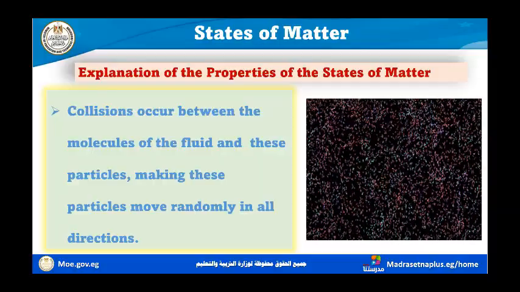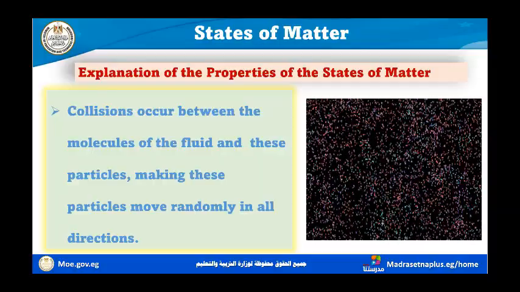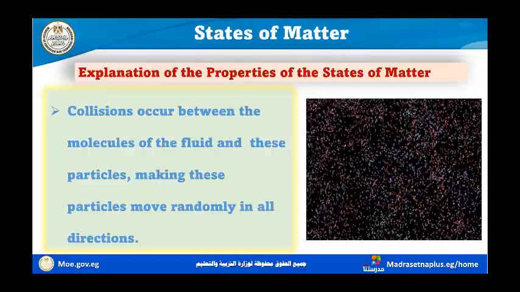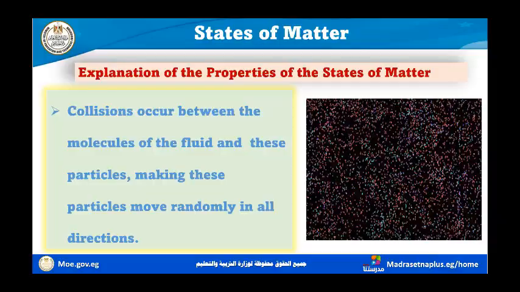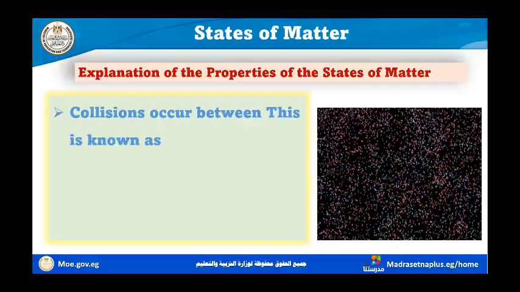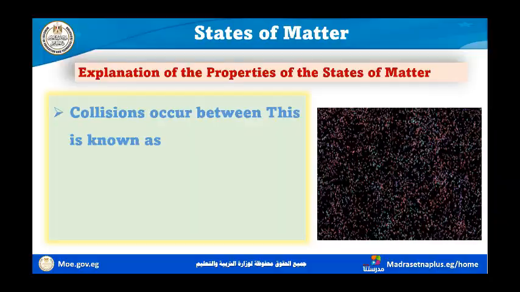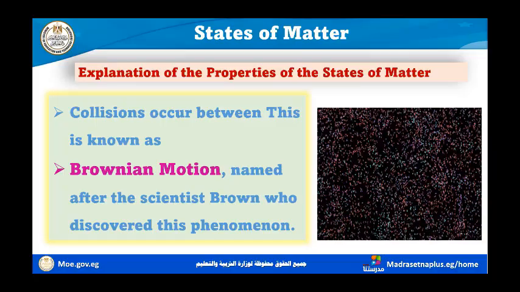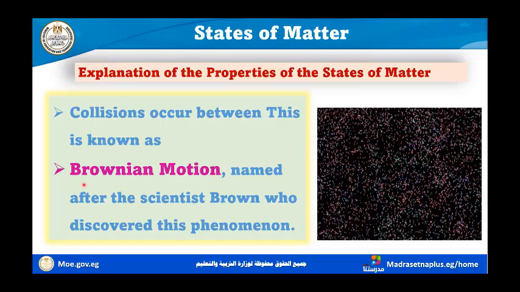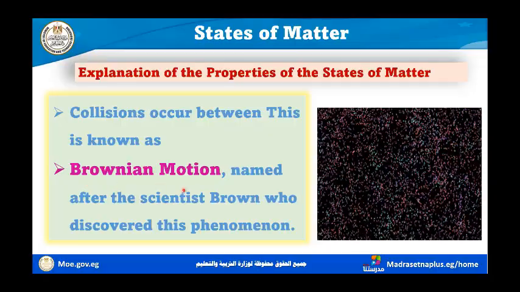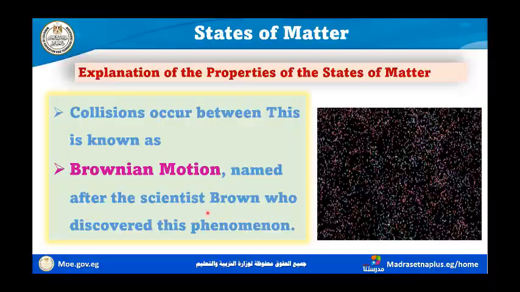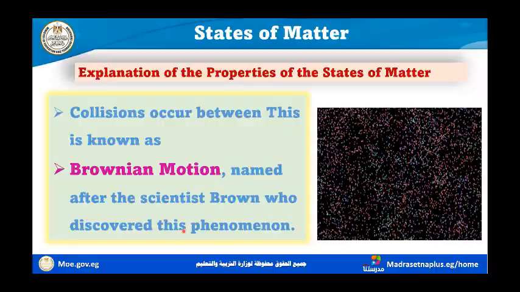This is the observation of the movement of dust particles in the air. This phenomenon is very important, and the collision between these dust particles and air particles is explained by Brownian motion. This concept is very important to us. Brownian motion is named after the scientist Brown, who discovered this phenomenon.